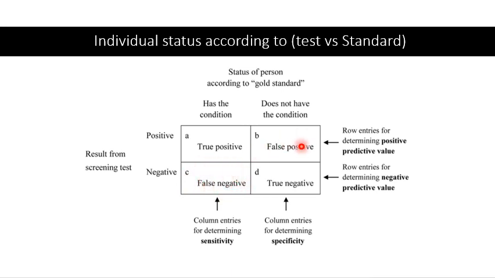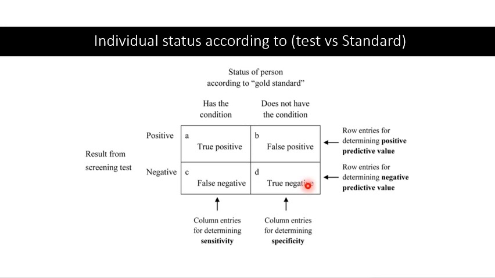On this row, the negative cases by the gold standard, if positive by the screening test, are false positive. This is type 1 error. And if both tests agree, then it is truly negative.